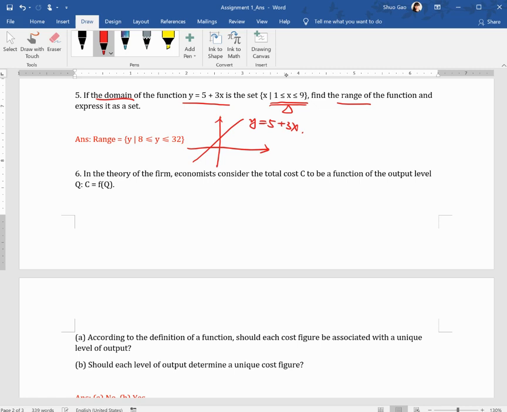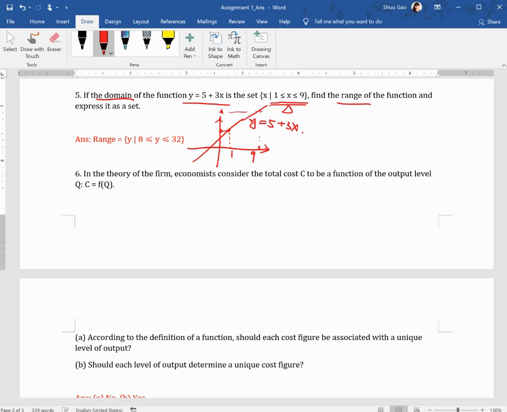So it's a straight line that's upward sloping, which means that when x reaches the minimum value, y is also at its minimum value. And if x reaches the maximum value, y is also at its maximum value, right?